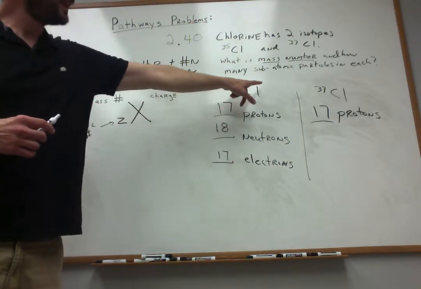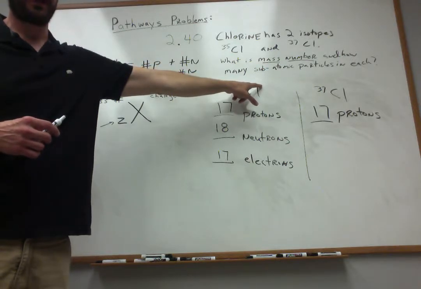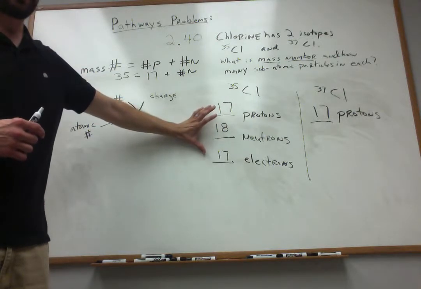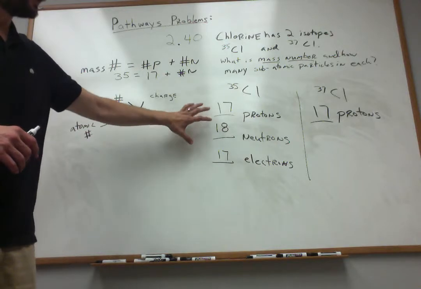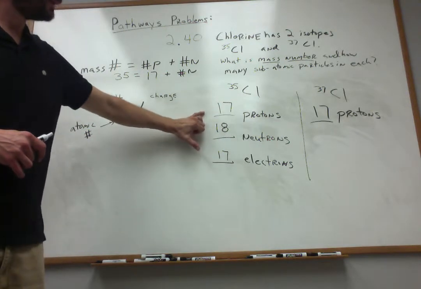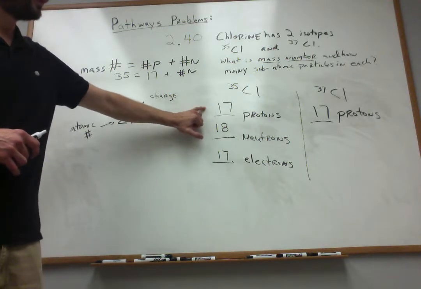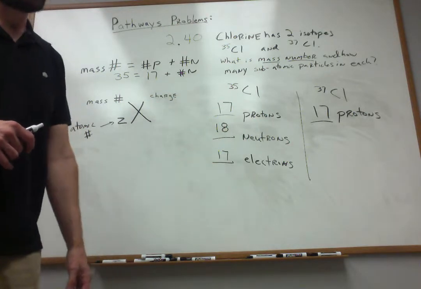So if I'm going to have a net neutral, where there's no excess positives or no excess negatives, these two, the protons and the electrons, have to be in balance. The neutrons are neutral, so they just kind of stay out of this discussion of charge, right? But if I'm going to have a neutral atom, protons and electrons have to balance each other out. So if I have 17 protons, I must also have 17 electrons to get my neutral atom.